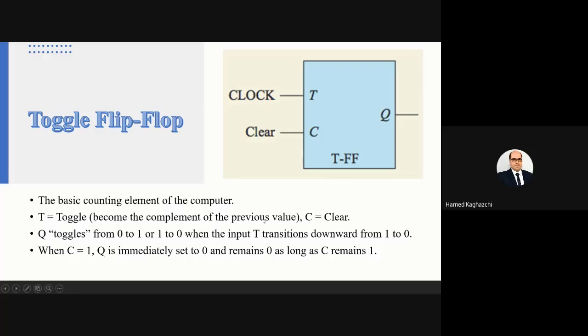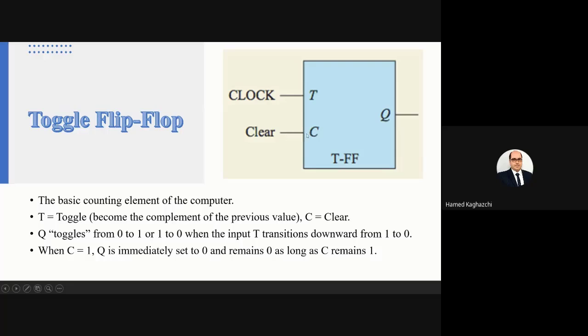Now, we can complement the output using the T signal, using the clock pulse which is given to the T input, and with setting clear to 0, we can toggle the output. Up to when?